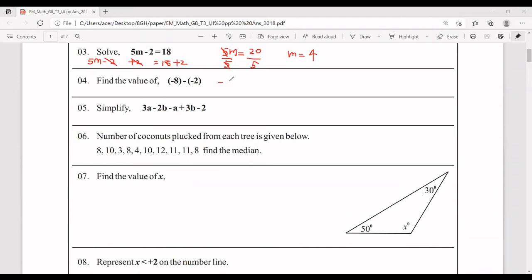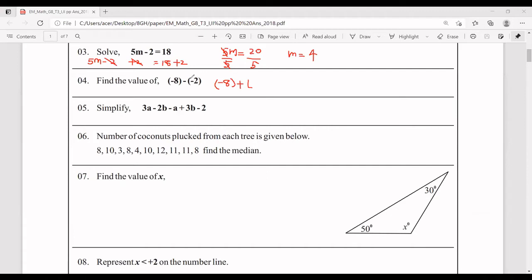When you convert subtraction into an addition, you have to change this subtraction sign to addition sign. Then when you're changing the sign, you have to change the sign of the second term.